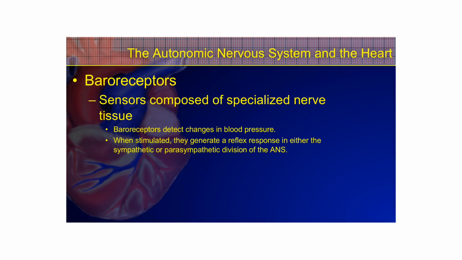They're also known as pressoreceptors, and they're found in the internal carotid arteries in your neck and the aortic arch. They detect changes in your blood pressure, of course. They're pressure receptors. And they generate a reflex response in either the sympathetic or the parasympathetic division of the autonomic nervous system, dependent on the pressure.